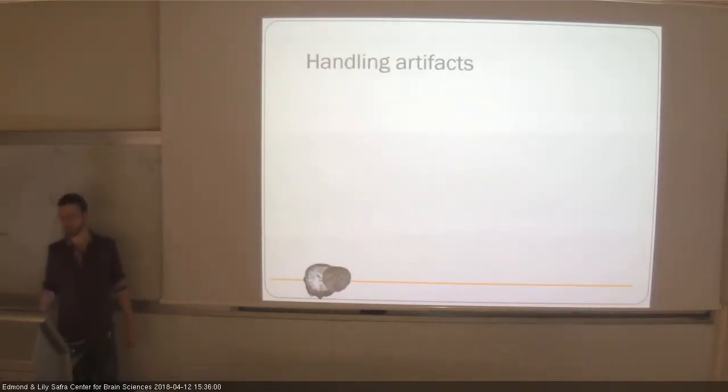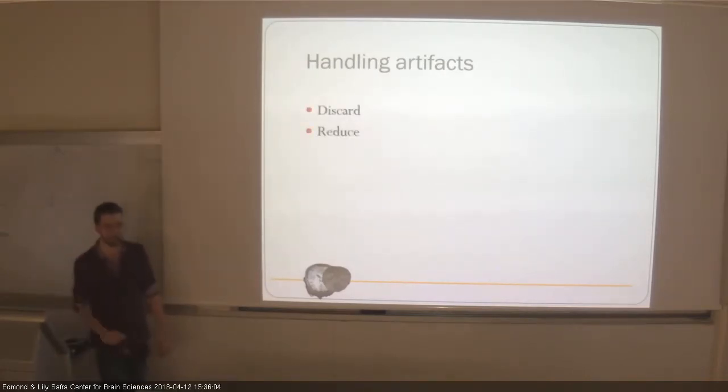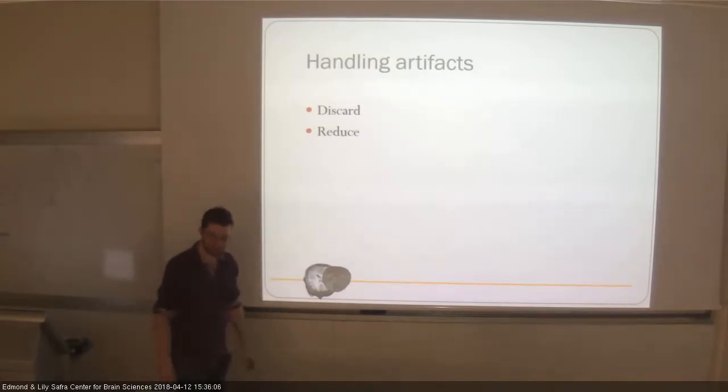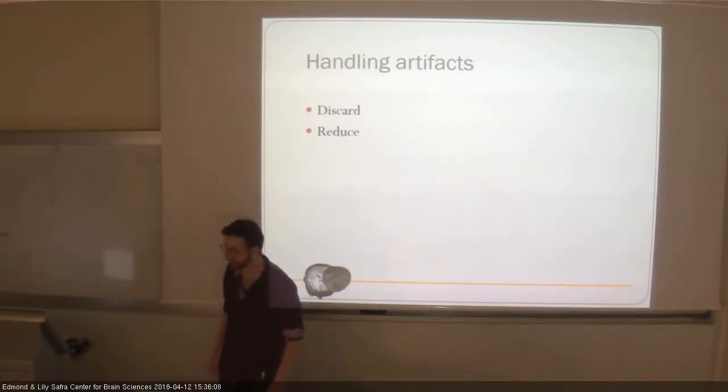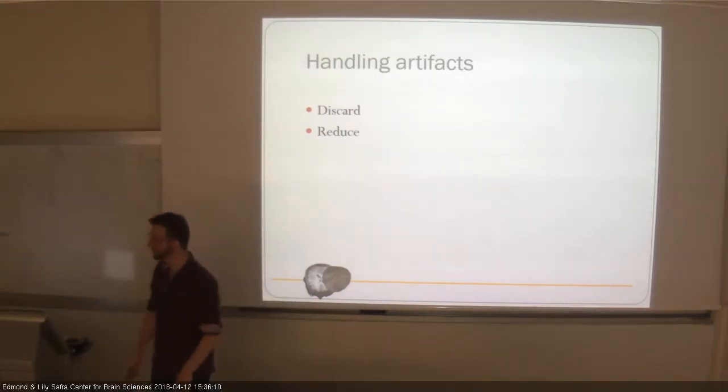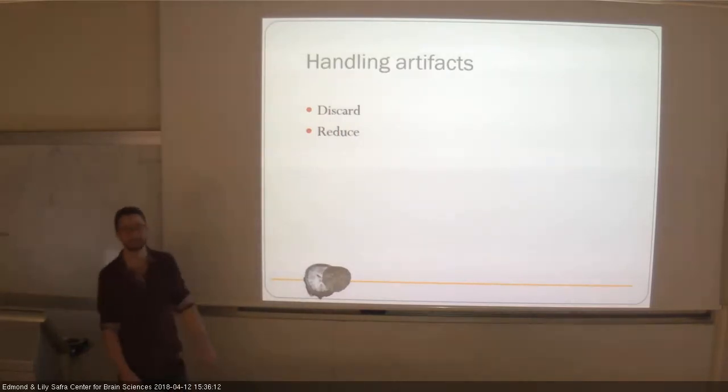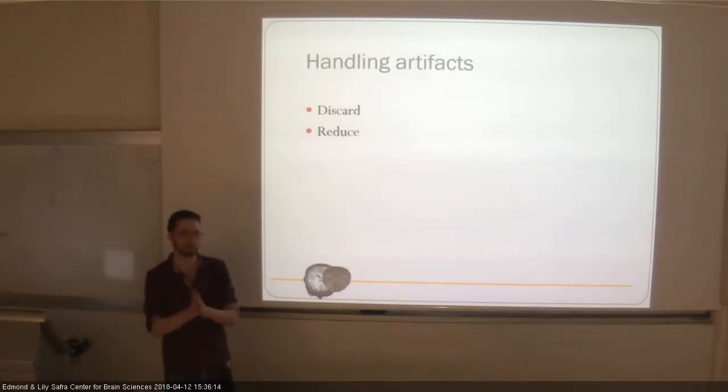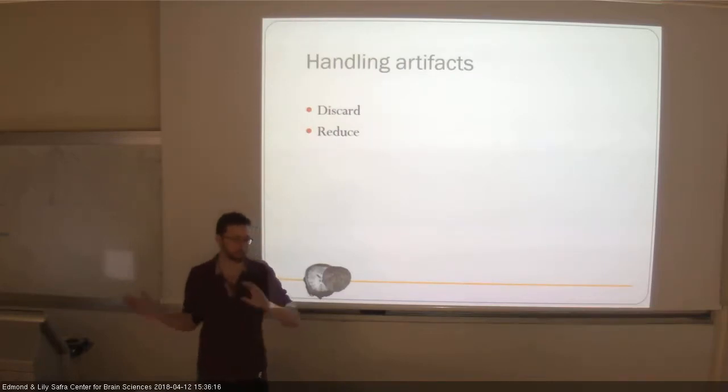The way artifacts are handled basically falls into two different categories: discard or reduce. And there are different strategies for different kinds of artifacts. Discarding means just saying, okay, this temporal epoch is hopeless, I'm going to throw it away.